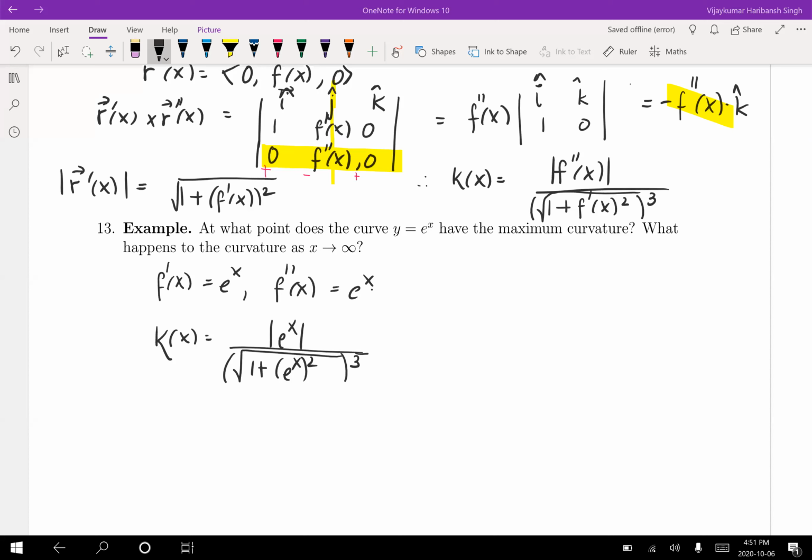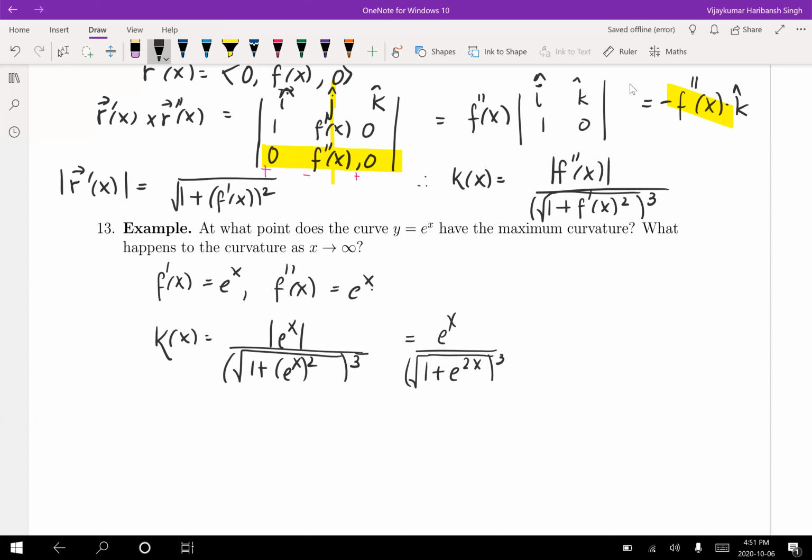The numerator is also positive all the time, so this is your 1 plus e to the power 2x, the whole power 3 by 2. So this is your curvature.